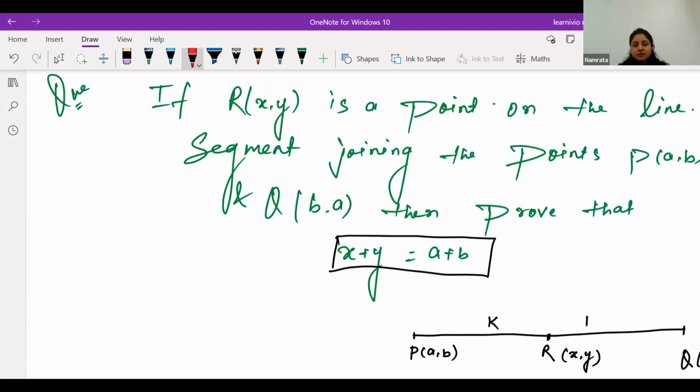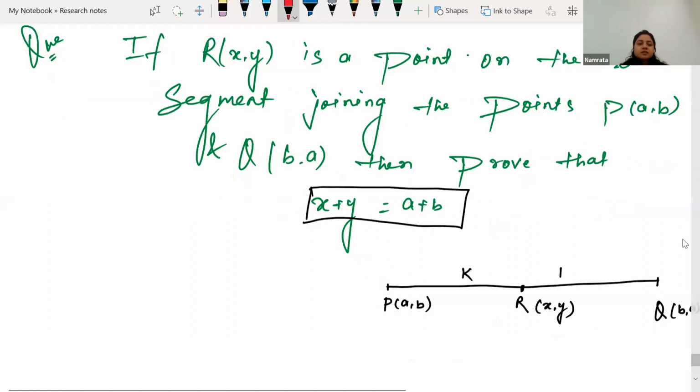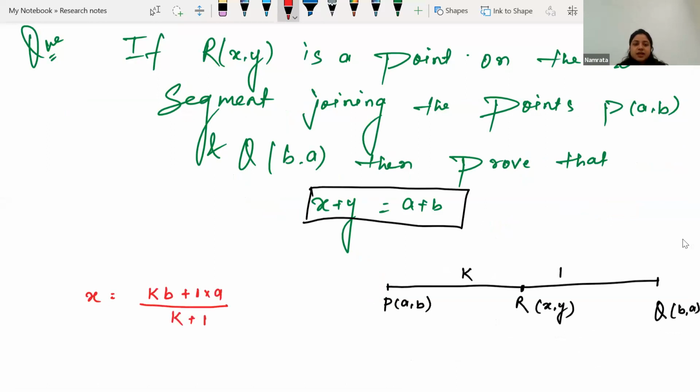The section formula. For the x coordinate, it is (m x2 plus n x1) by (m plus n).